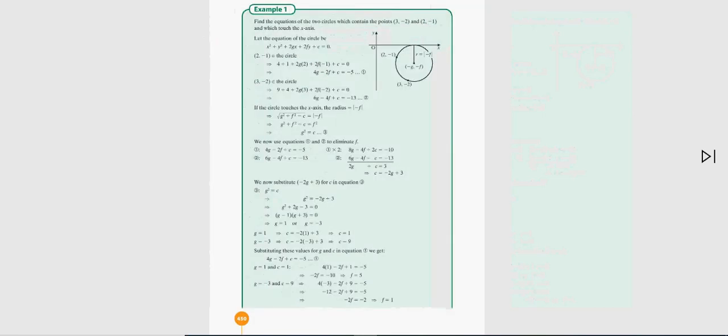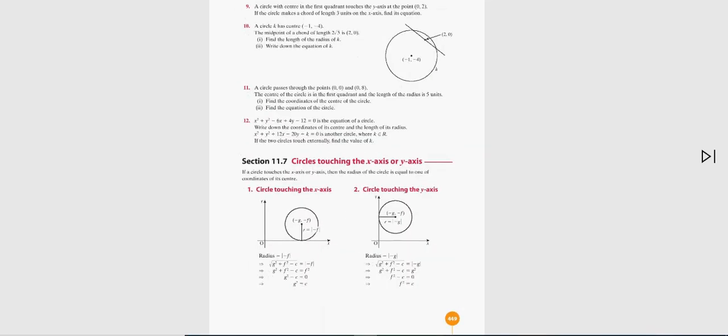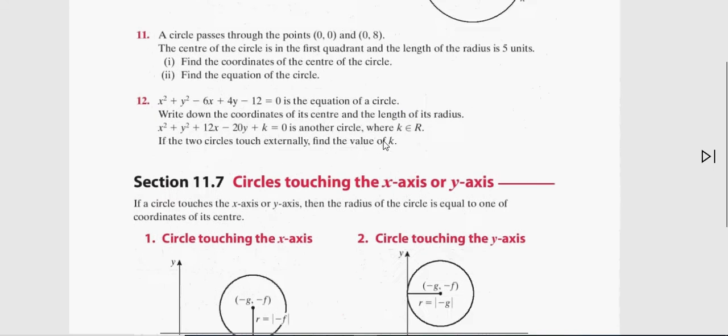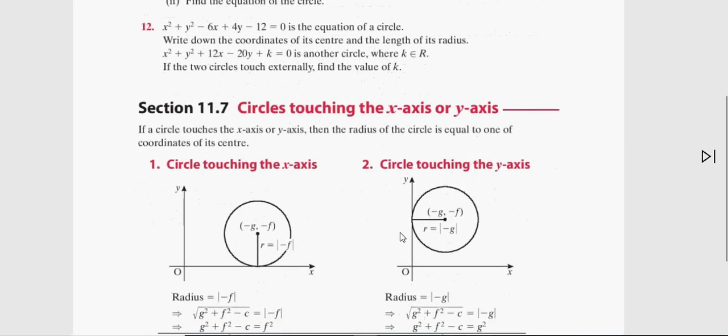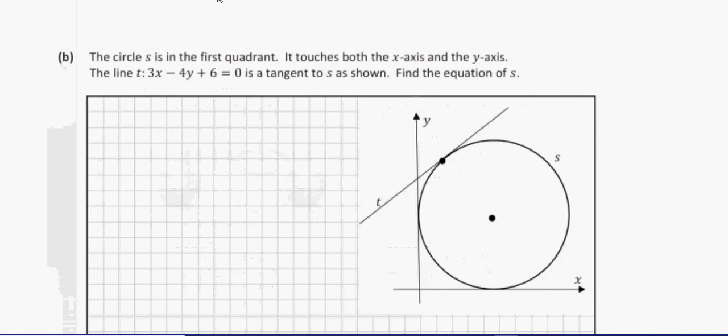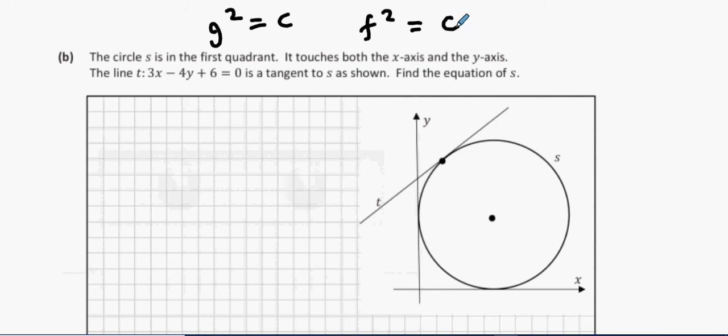Or when it touches both the x and the y axis, it's g squared equals f squared equals c. So we know that straight away. That's a good start. Unfortunately, that's not in your notes.